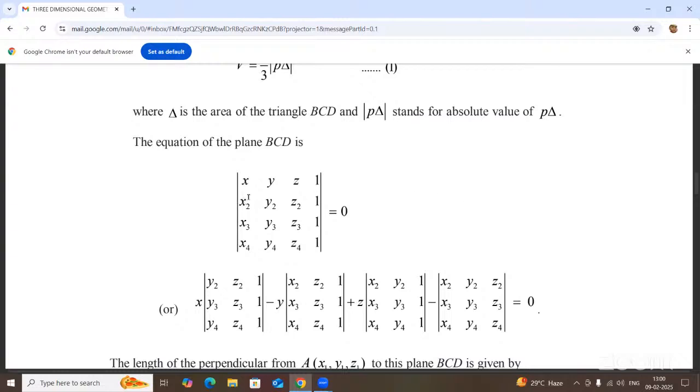So x times the determinant of y2, z2, 1; y3, z3, 1; y4, z4, 1, minus y times the determinant of x2, z2, 1; x3, z3, 1; x4, z4, 1, plus z times the determinant of x2, y2, 1; x3, y3, 1; x4, y4, 1, minus the determinant of x2, y2, z2; x3, y3, z3; x4, y4, z4, equal to 0.